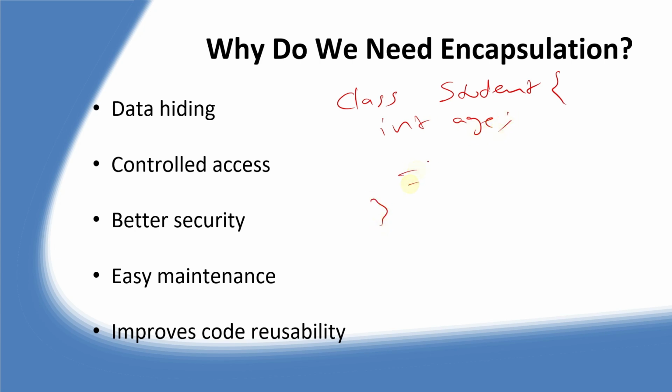This is a data property, and if we are not using encapsulation, then anyone can directly modify this object data, which may lead to invalid values. Encapsulation allows us to control how this data is accessed and modified, making our application more secure, maintainable and reliable.